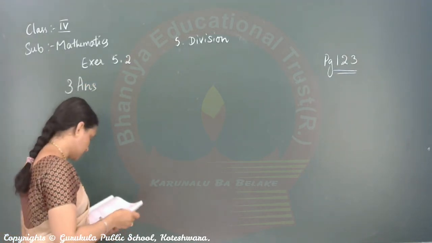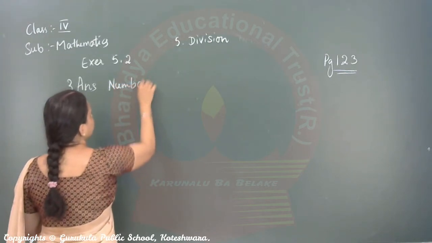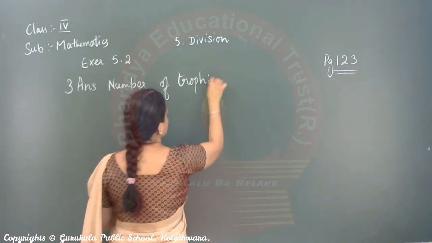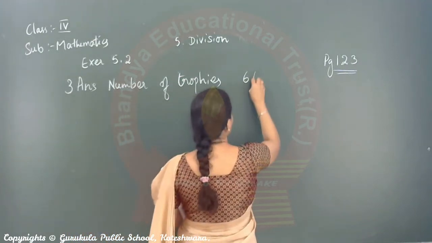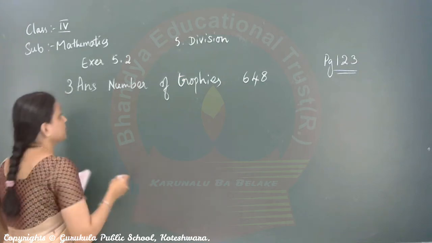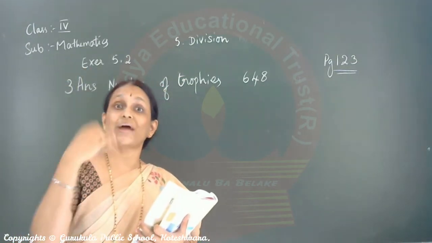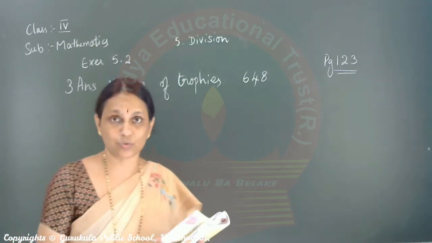Take down the details given. Number of trophies. How many number of trophies are there? 648. Correct? Yes. So many are given. You have to find how many. Many is divided by 1, you will get many rows, which you will find out. Okay?